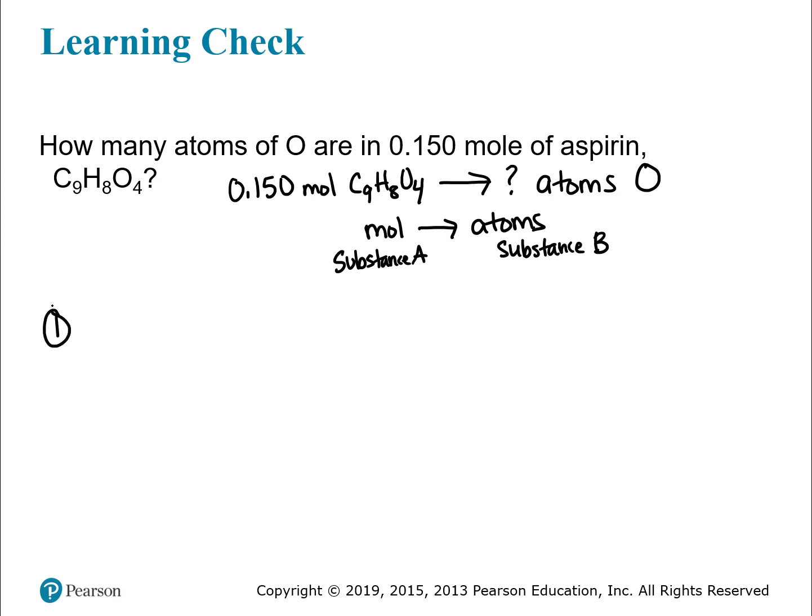The first is to figure out how many moles of oxygen we have. Once we know how many moles we have, we can use that along with Avogadro's number to go to atoms.